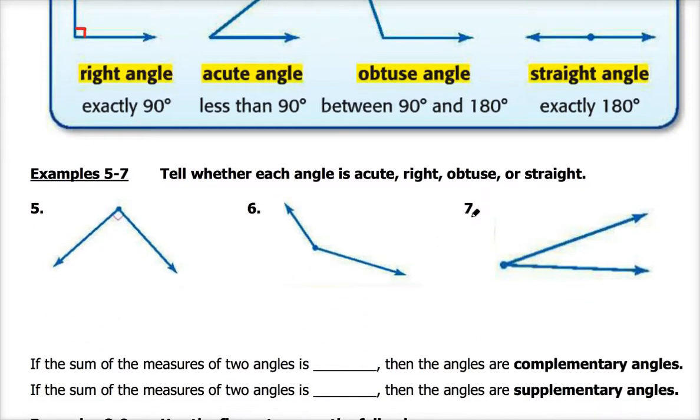So here in examples 5 through 7, we're just going to tell whether these angles are acute, right, obtuse, or straight. Starting with number 5, we see that little box inside that angle. Because of that little symbol, we know that this is a right angle.